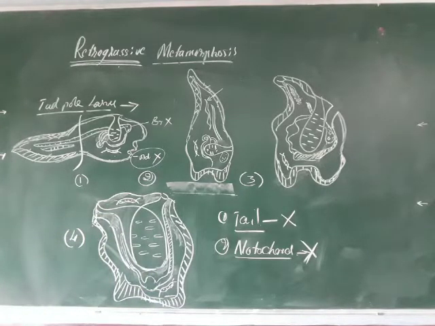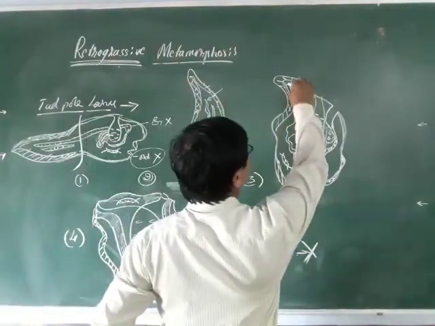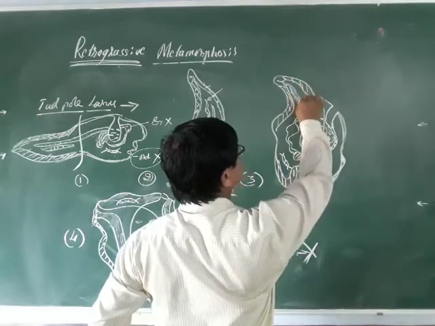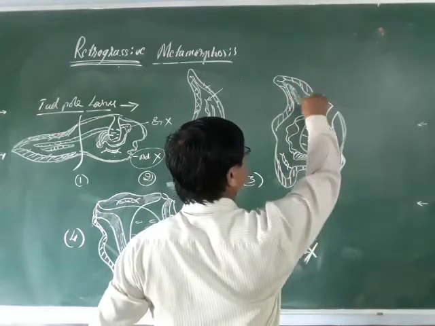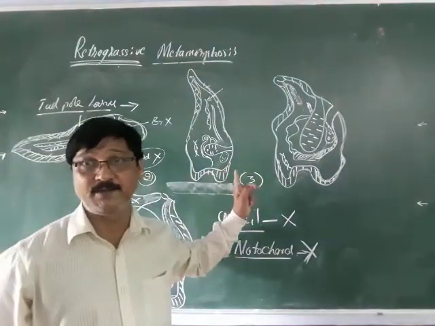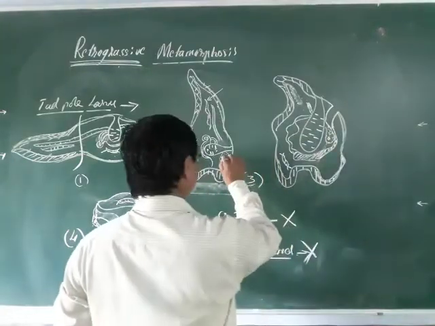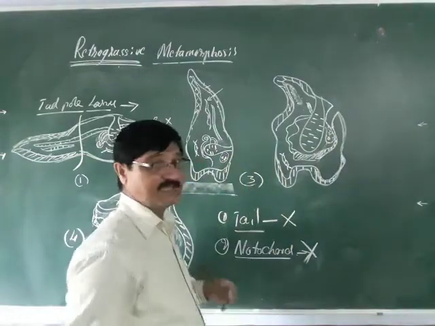Here it completely disappears and degenerates, this notochord. And the nerve cord: in the beginning there is a well developed nerve cord with a brain, with the statocyst and the eye spot.